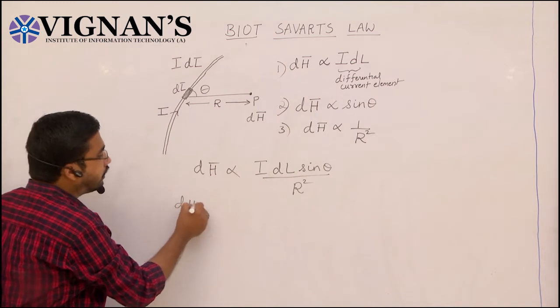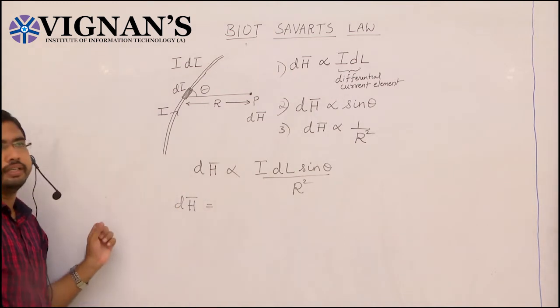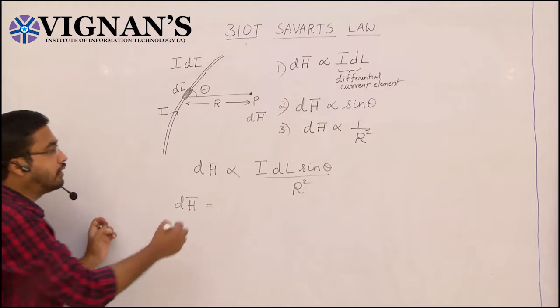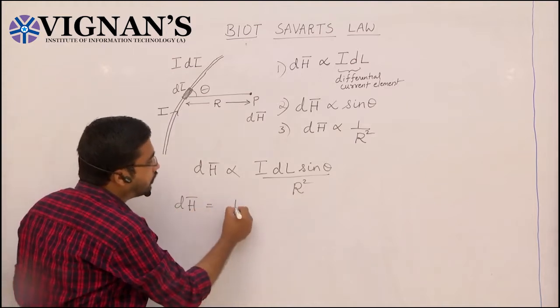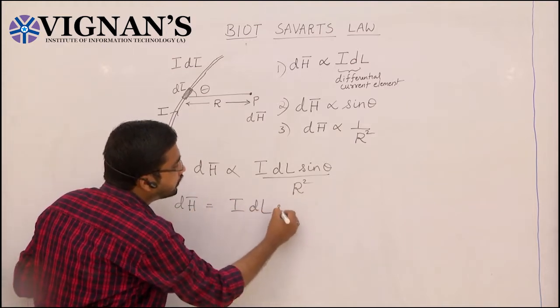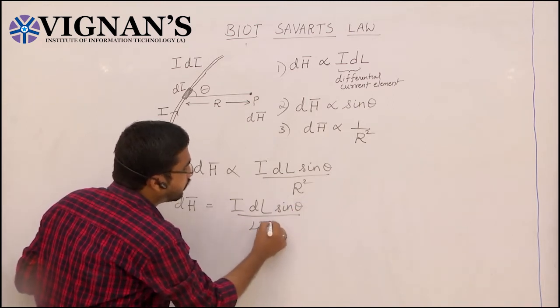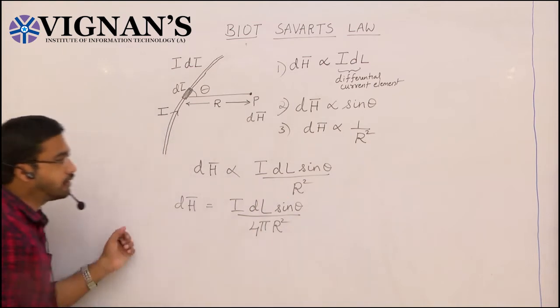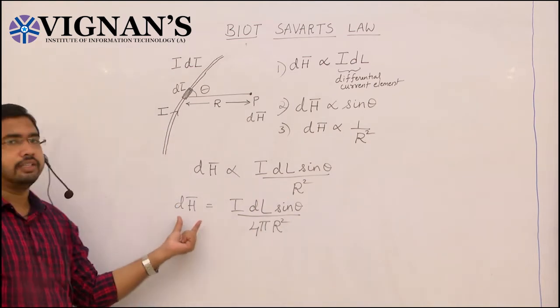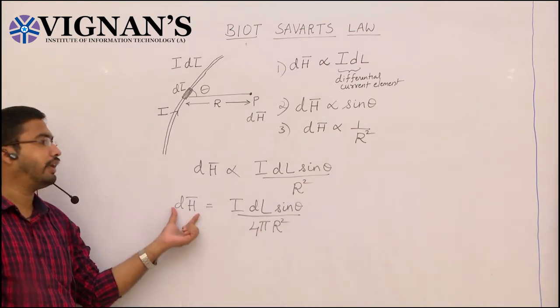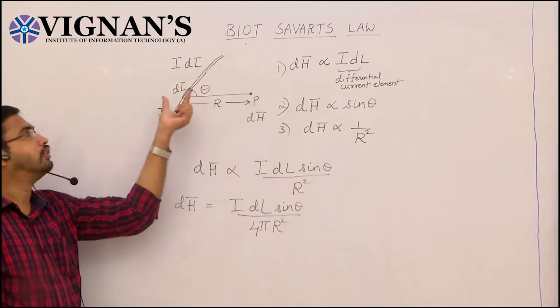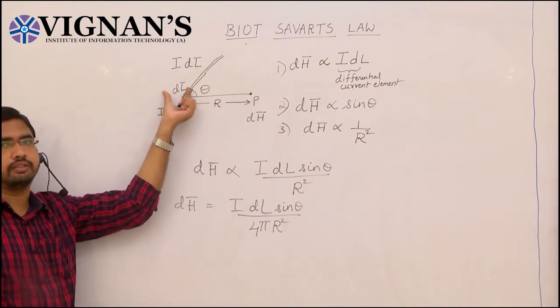So finally the differential magnetic field intensity at this point P is given as dH is equal to I dl sine theta by 4 pi r square. This is the formula for differential magnetic field intensity dH at a point P due to this differential length dl.